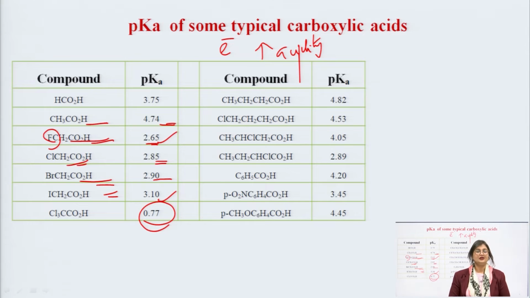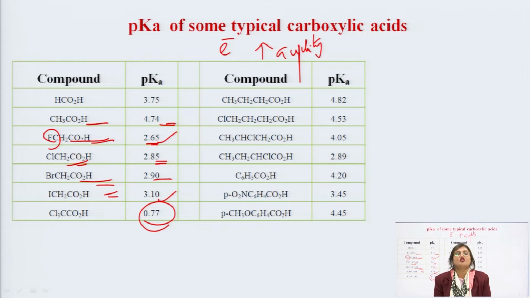This can be proven by looking into the pKa values of various derivatives of acetic acid, like fluoroacetic acid, chloroacetic acid, bromoacetic acid, iodoacetic acid and trichloroacetic acid.